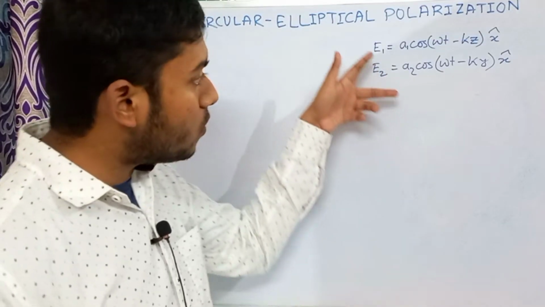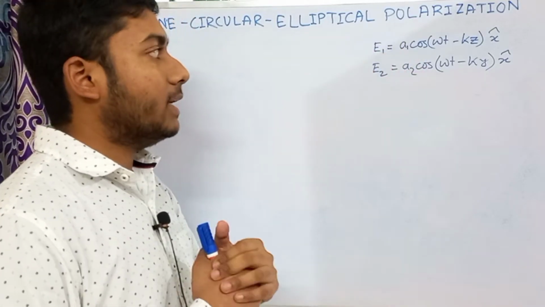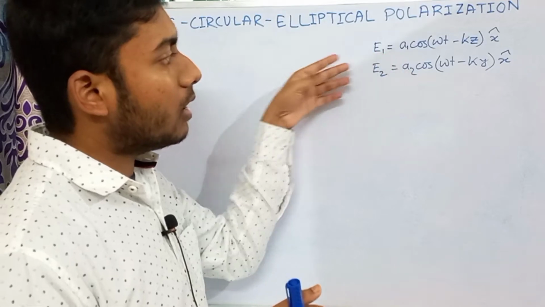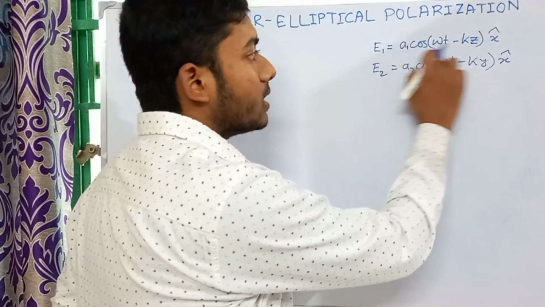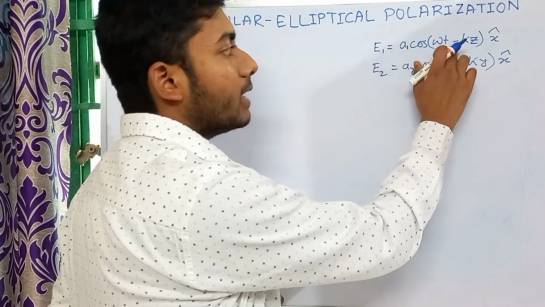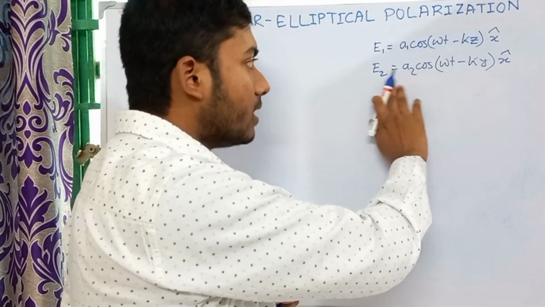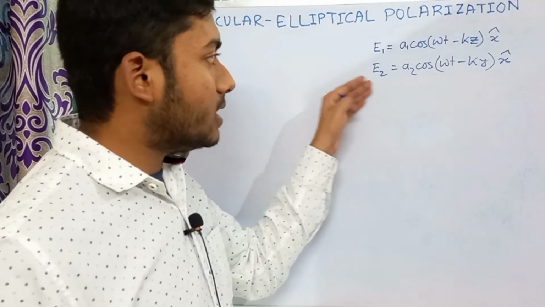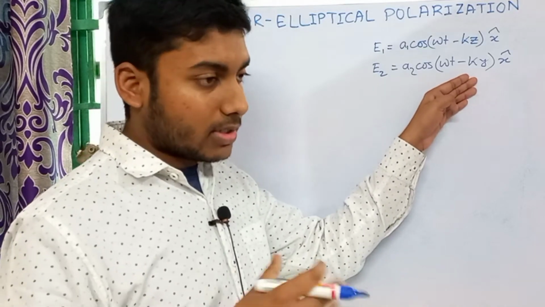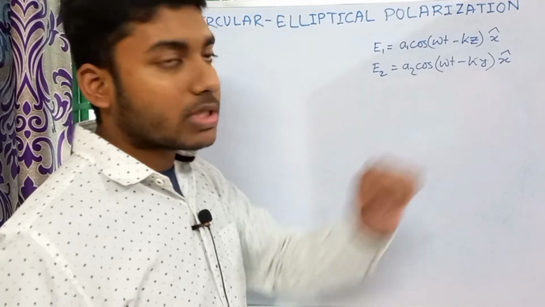Now if we consider two components of the electric field vectors of light, then these two components denote that the first one is propagating along the positive z direction, as this is minus kz, and the E2 component shows us that this light is propagating in the positive y direction.